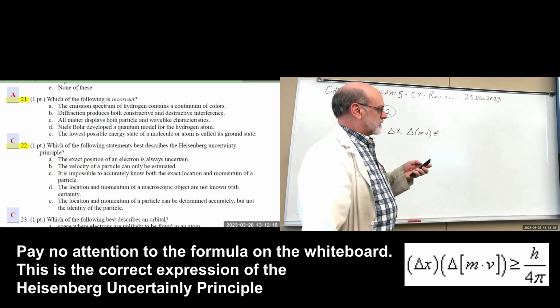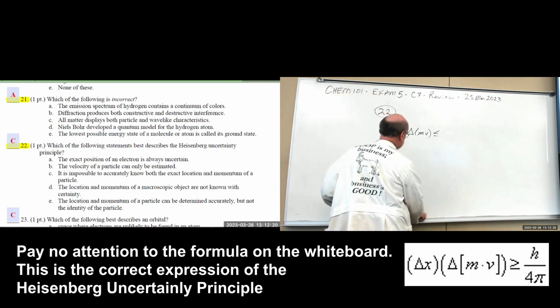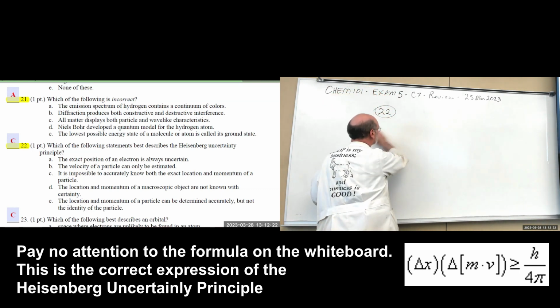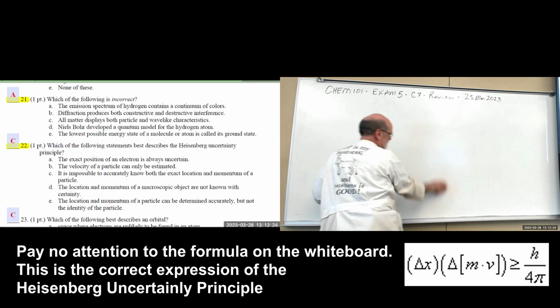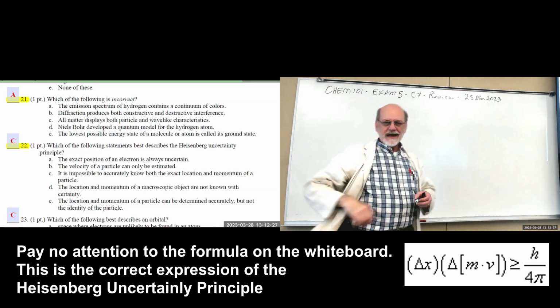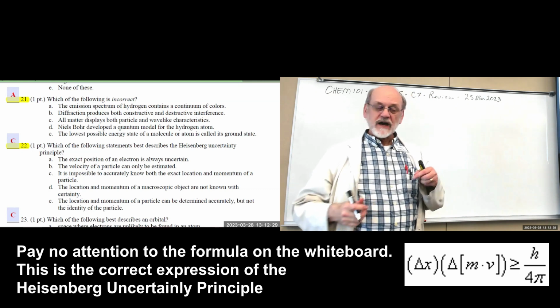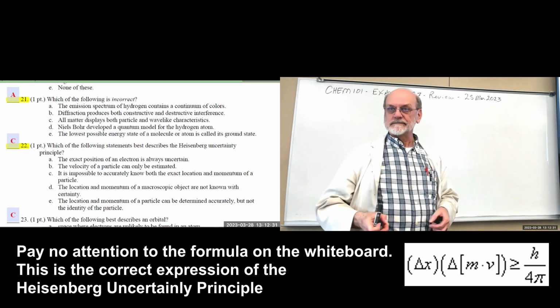All right, so we found our answer. C, that's the Heisenberg uncertainty principle. It only becomes a difficulty when you're down at the very small level.